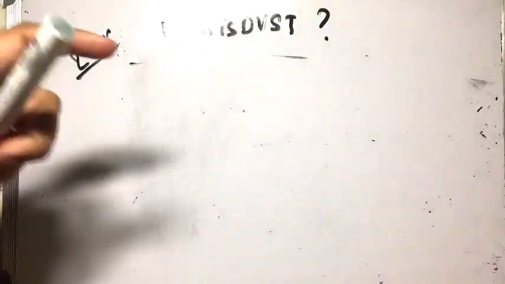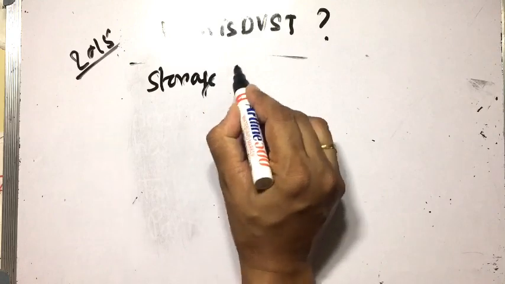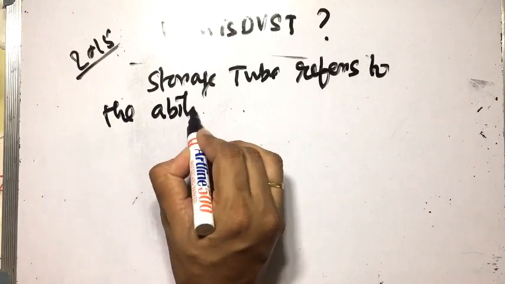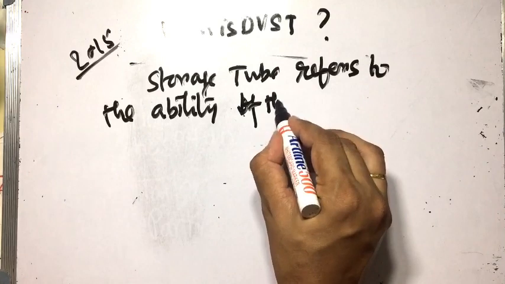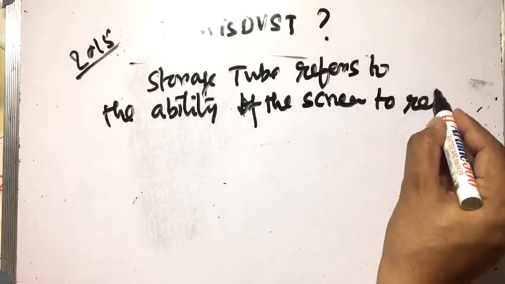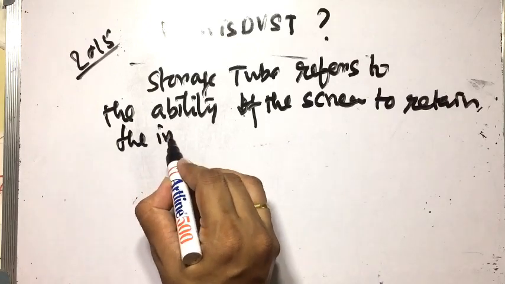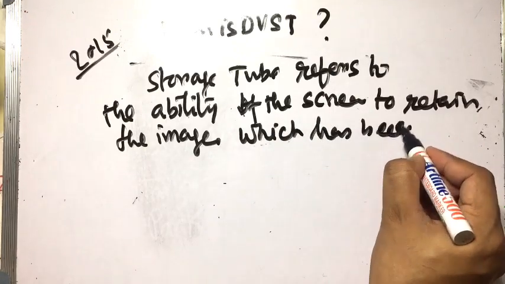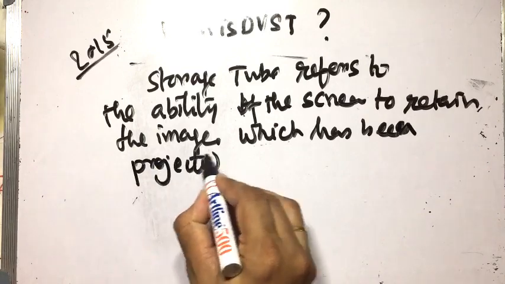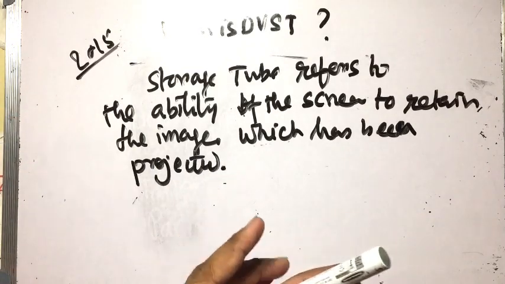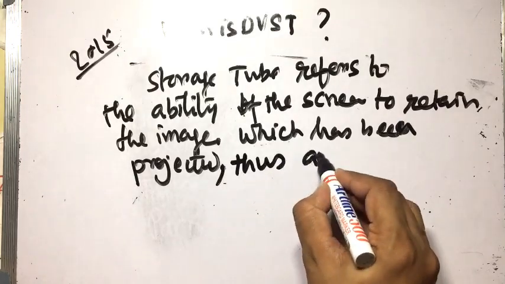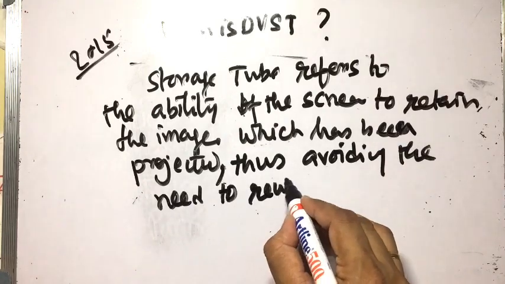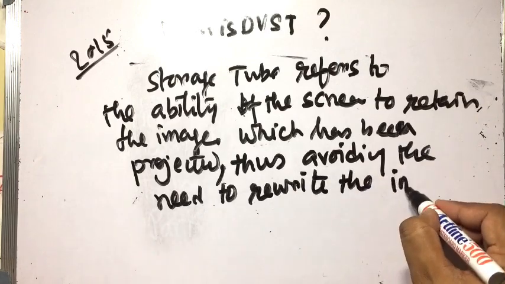Direct View Storage Tube. Storage tube refers to the ability of the screen to retain the image which has been projected, thus avoiding the need to rewrite the image constantly.